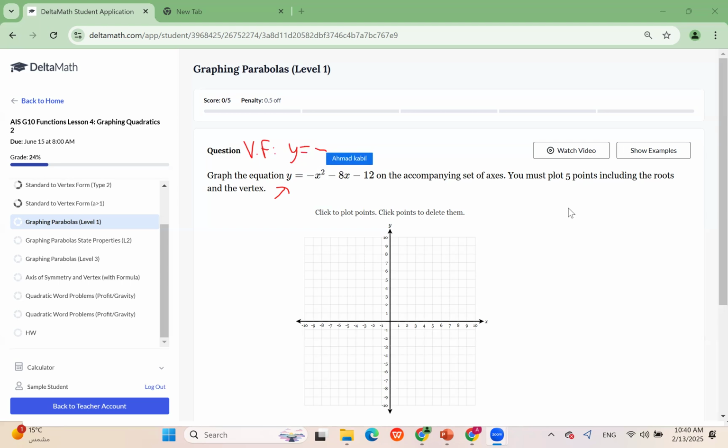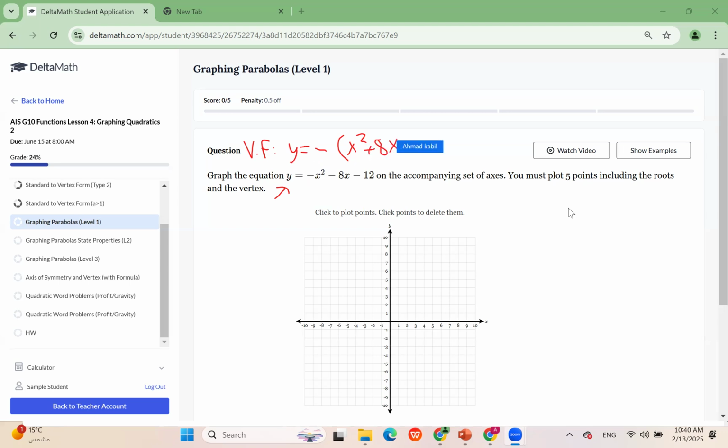First of all, we take a negative outside as a common factor from the first 2 terms, and we get x squared plus 8x. And we can keep the minus 12 as it is. And then we will rewrite the equation. y equals negative, open brackets, x plus 4 all squared minus 16, minus 12.